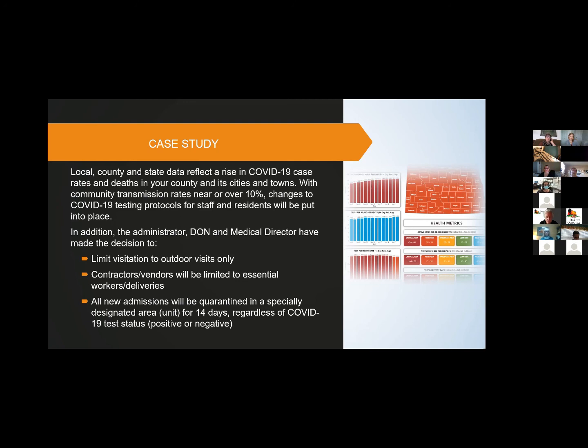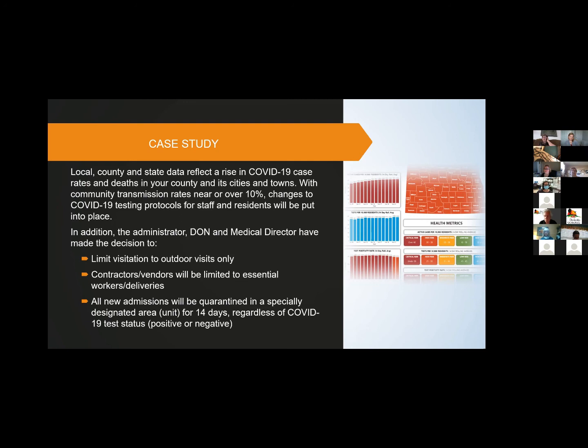Recall in session 1, we shared a table from CMS assigning community COVID activity designations to counties based on positivity rates. In this case scenario, this county would be assigned a high community COVID activity designation as their rate is greater than 10%.